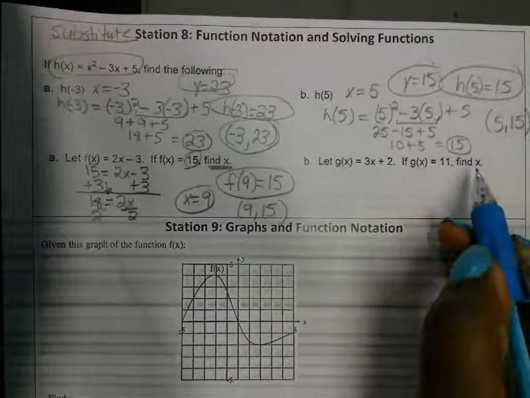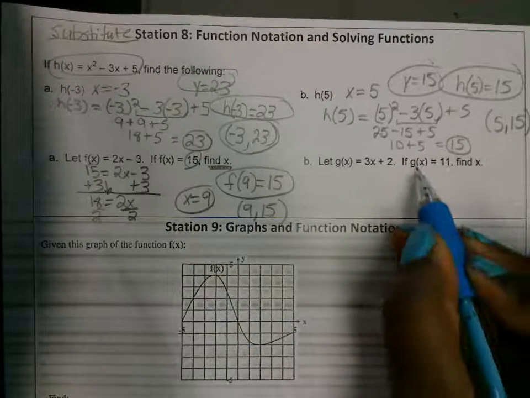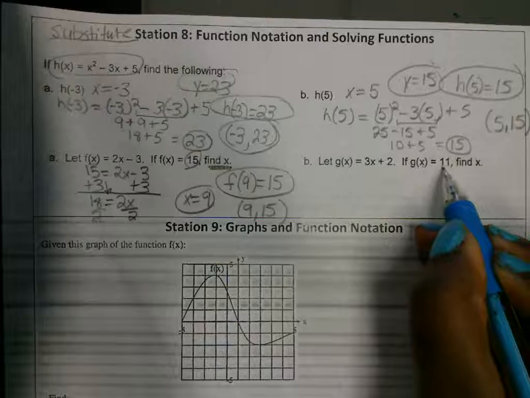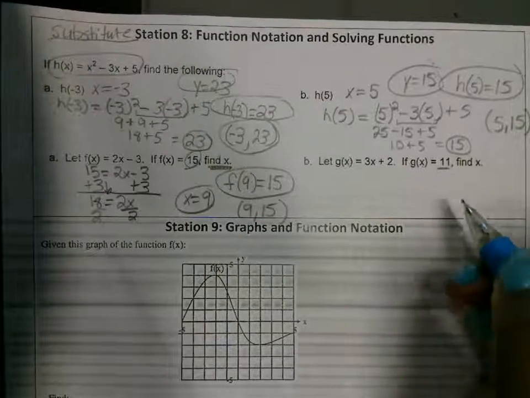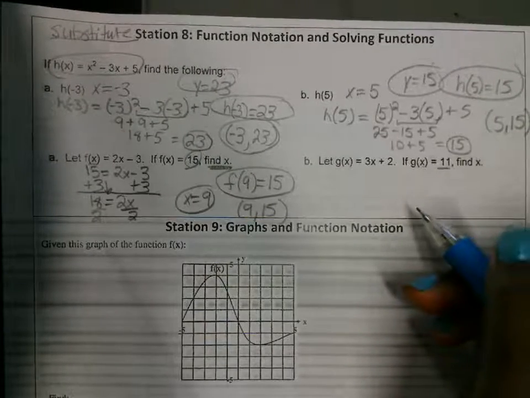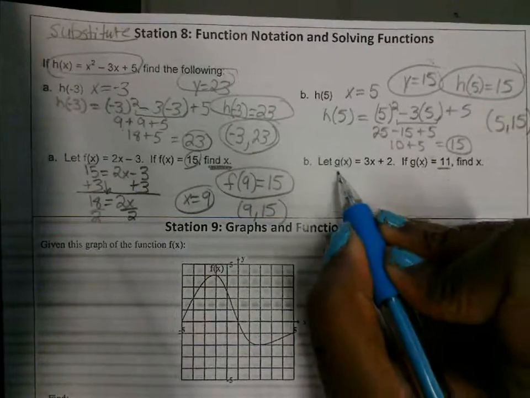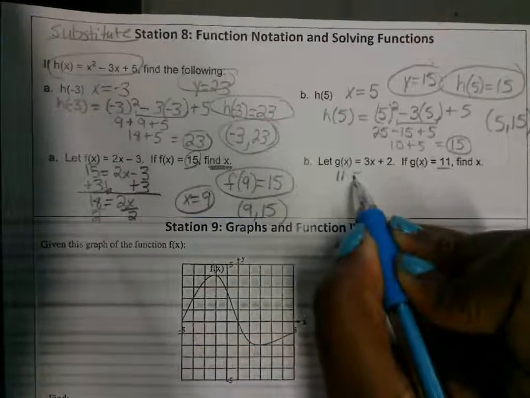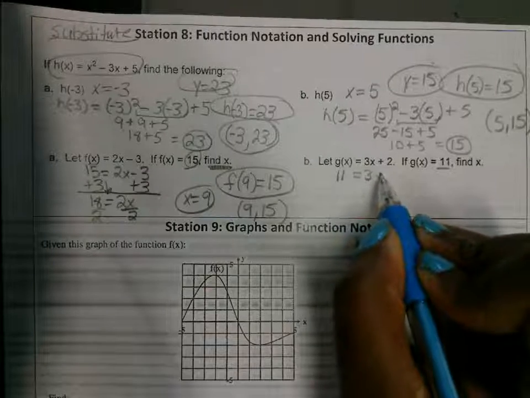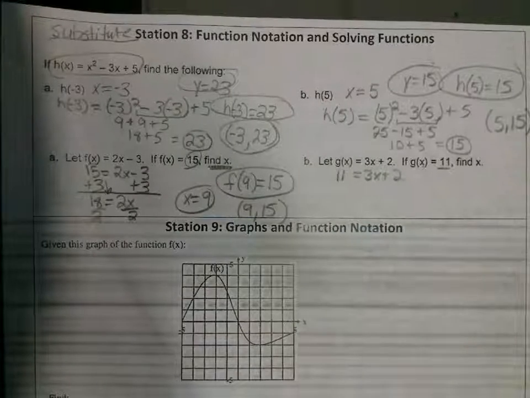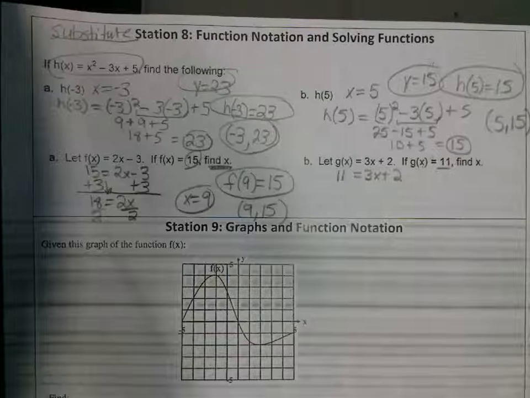All right, next one. G of x is equal to 11. So we're going to replace G of x with 11. All right, how do you solve for x?